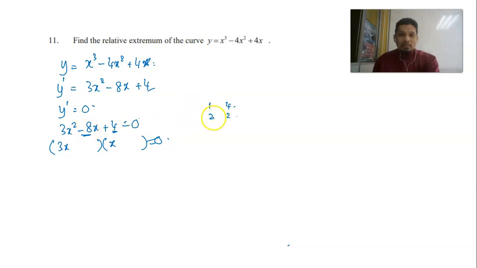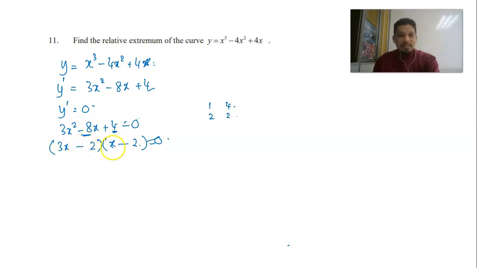Let's try with 2 and 2 here. 3x times 2 equal to 6x, and then 2 times x equal to 2x, giving 8x. Okay, so it is 3x minus 2 and then x minus 2. So 3x times x, 3x squared. 3x times negative 2, negative 6x. Negative 2 times x, negative 2x.